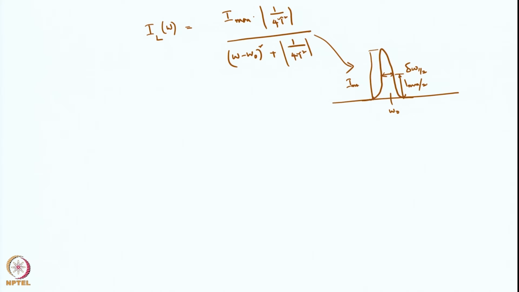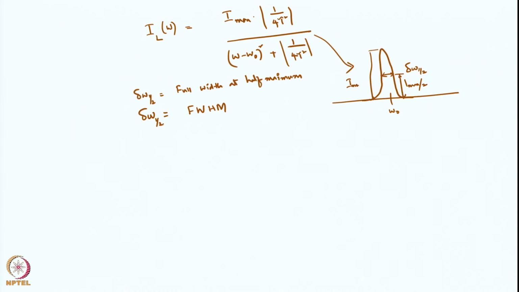So delta omega half is nothing but the full width at half max, also known as FWHM.